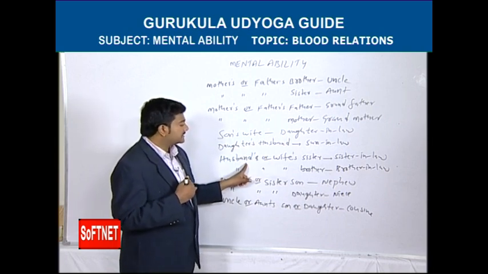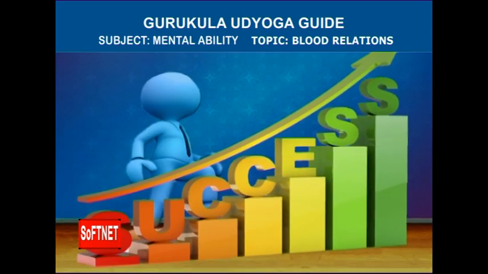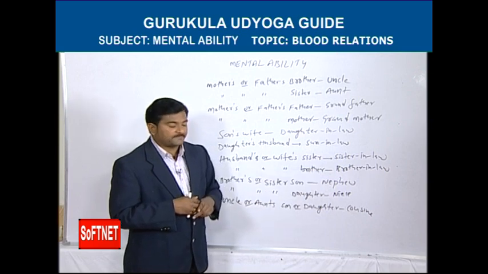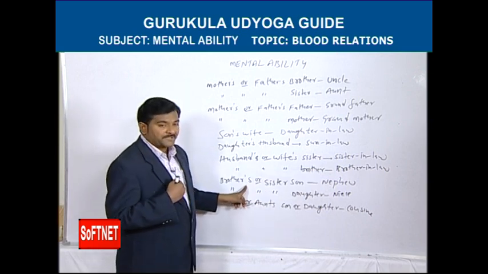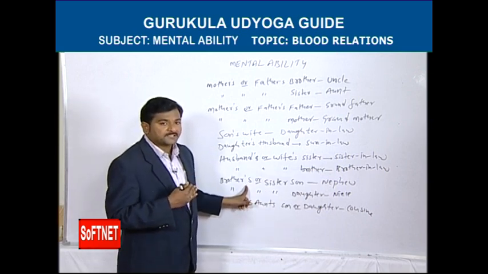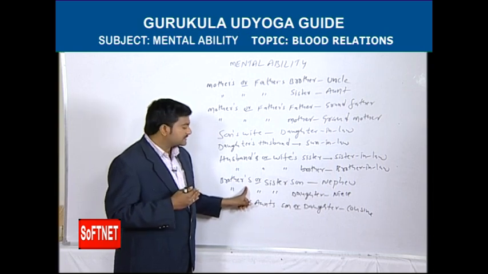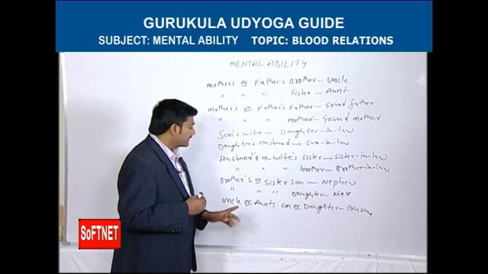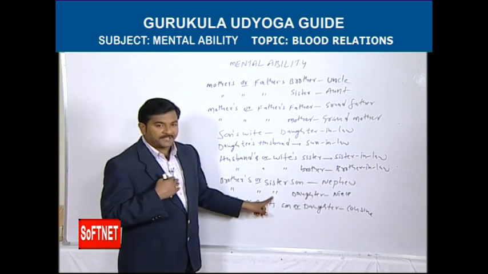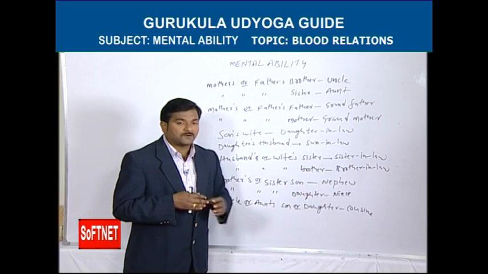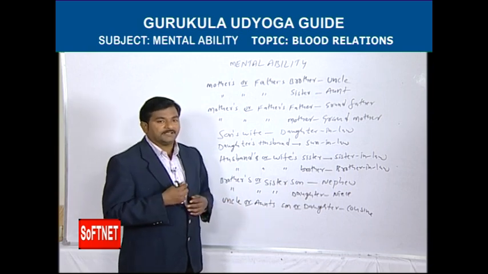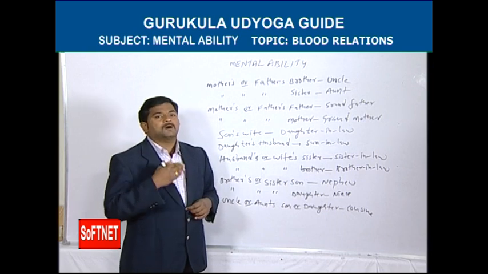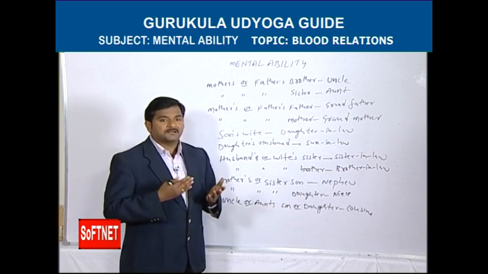Similarly husband's or wife's sister, my wife's or my brother's brother, brother-in-law we can say. Similarly my brother's or my sister's son, we can call it as nephew. Or my brother's or my sister's daughter, I can call it as niece. And finally, my aunt's or my uncle's son or daughter, so they are cousin to me.